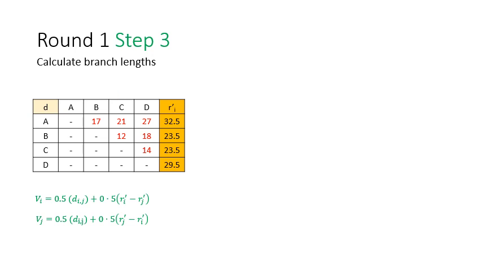Now the third step of the neighbor joining method is to calculate the branch lengths. In the previous step number 2, we joined together C and D via a node U, but the branch lengths were equal. Now we'll have to calculate the actual branch lengths, and those can be calculated using the distance matrix and r prime values.